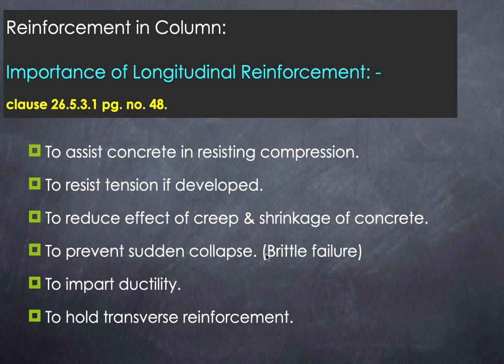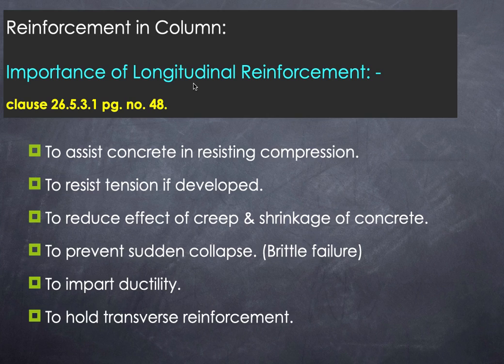Now reinforcement in column. As we have already discussed, there are two types of reinforcement. One is longitudinal reinforcement, the other is transverse reinforcement. Why do we have to provide longitudinal or transverse reinforcement? When we considered why we need reinforced cement concrete sections, the answer is that concrete is weak in tension, so we have to increase its tension resistance capacity.